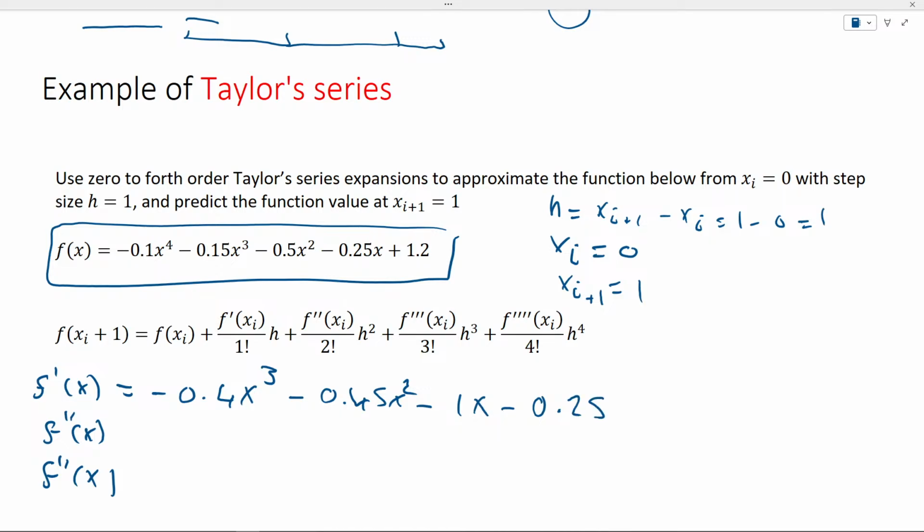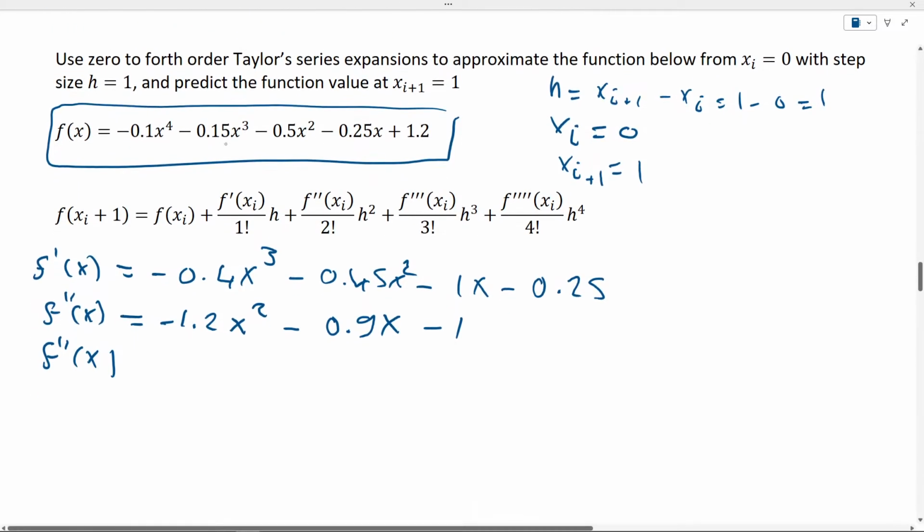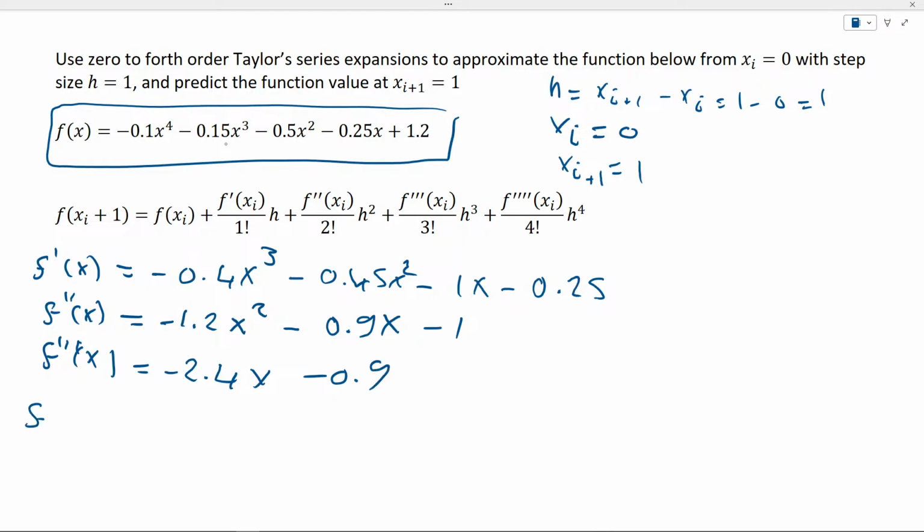The second derivative would be minus 1.2x to the power 2 minus 0.9x minus 1. The third derivative would be minus 2.4x minus 0.9. The fourth derivative would be minus 2.4.